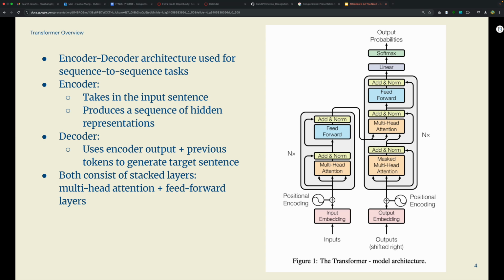Together, the encoder and the decoder allow the transformer to efficiently and effectively generate high-quality output sequences. The use of self-attention throughout enables better parallelism, richer contextual representations, and a more flexible modeling of sequence dependencies.